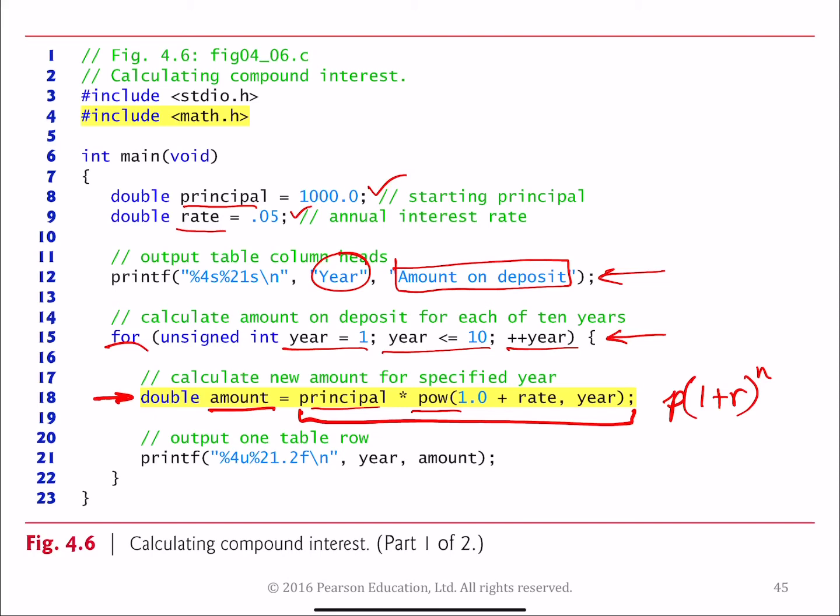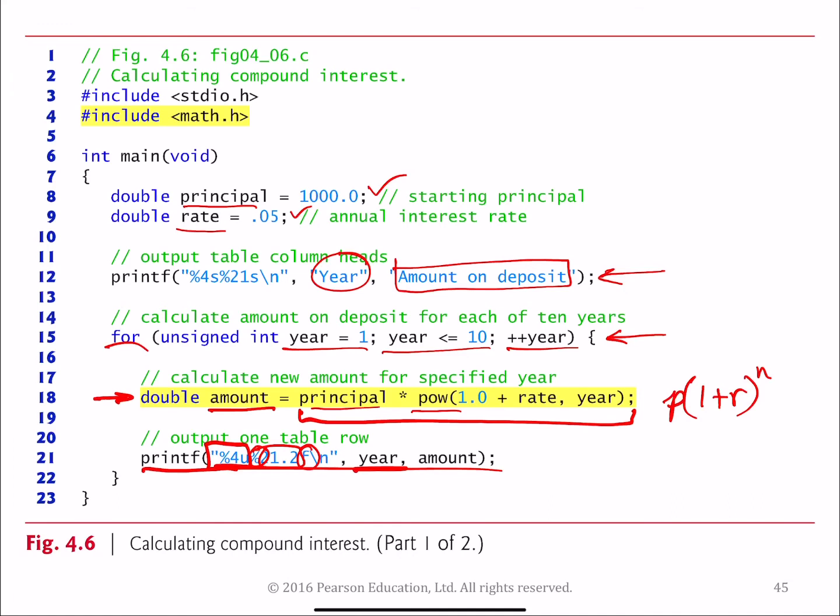And once we have computed the amount, we print it out over here. We print it out as a floating point number. I'm going to talk about this 21.2f over here in a second. And we're going to print out the year as a 4-digit unsigned integer.